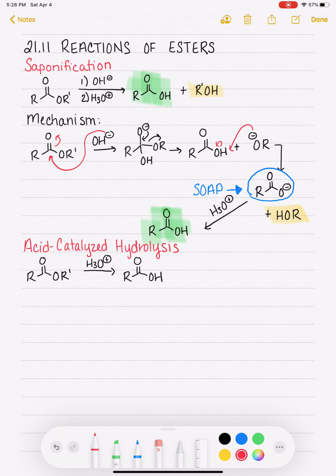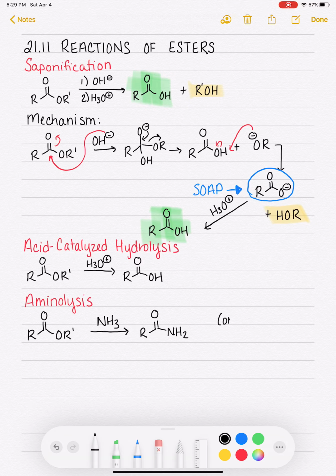We also have ammonolysis, which is going to be the same as what we saw for the acid chloride and for the anhydride. We are going to use NH3. We could use an NH2R, we could use NHR2. We're going to get an amide out of it.